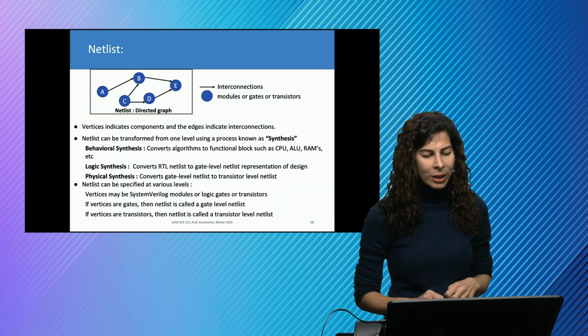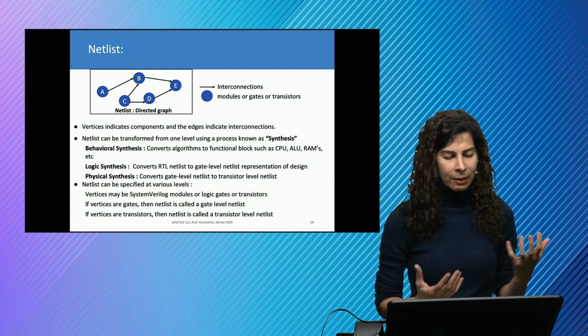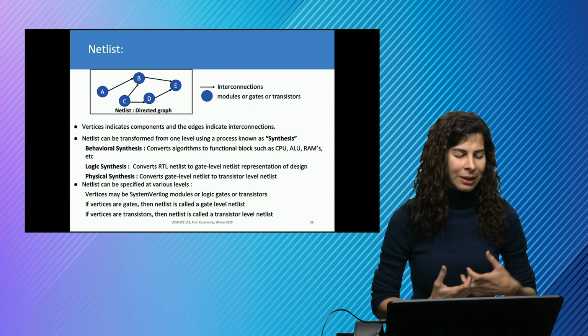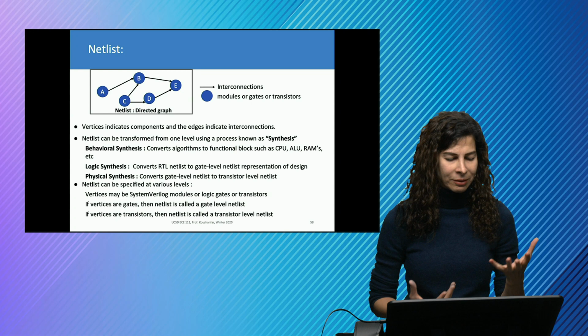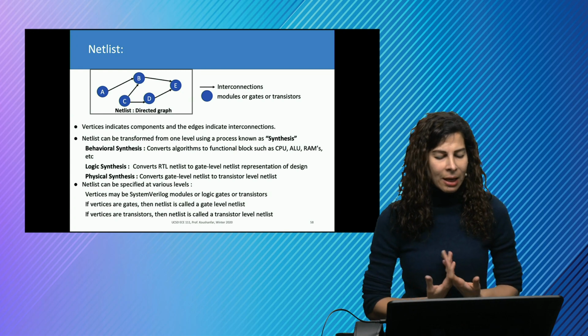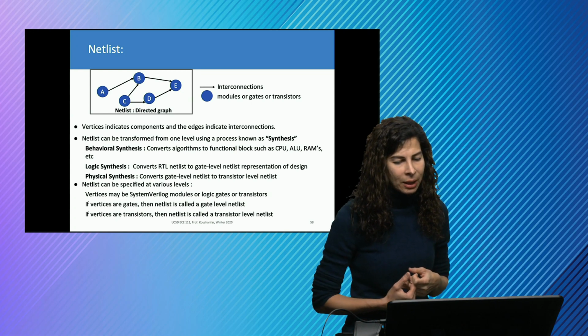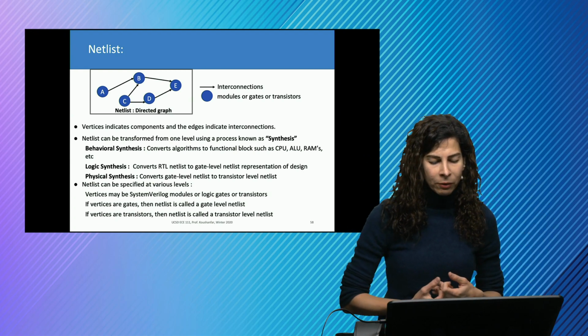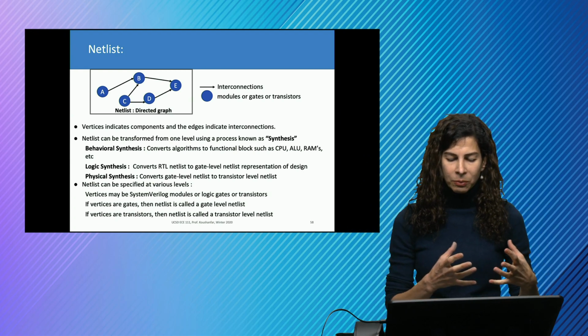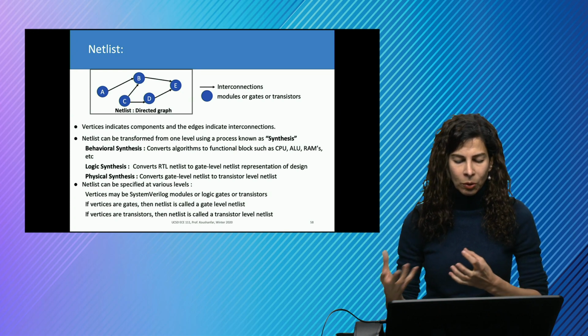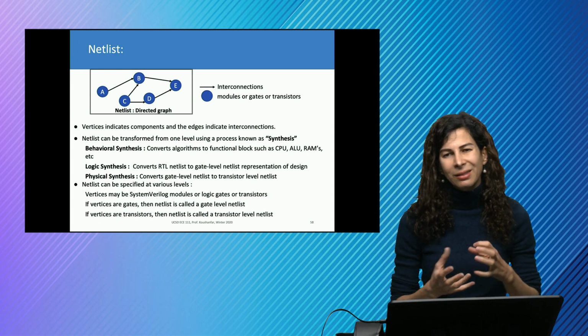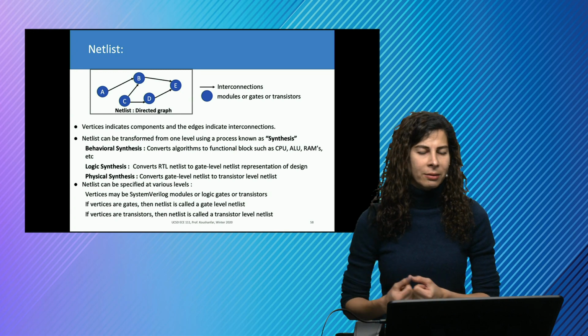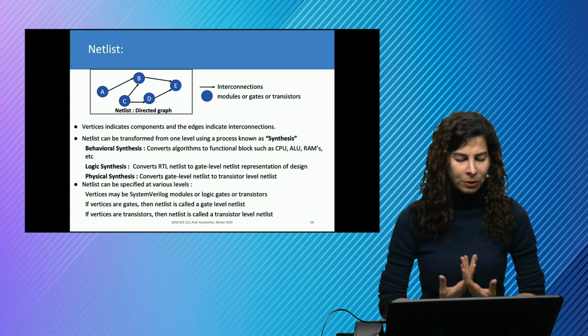And once we go through the software that translates the System Verilog to a netlist, the netlist is actually the output of a synthesis. When we do behavioral synthesis, the algorithms go to the functional blocks, not necessarily the gates, but the functional blocks, such as ALUs, CPUs, and so on.